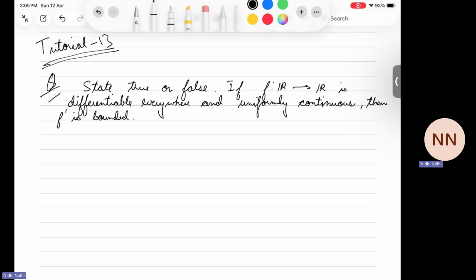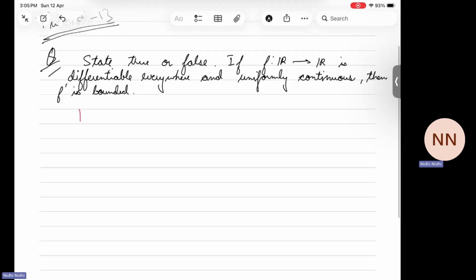So before discussing the solution for this problem, I would like you to recall we actually did a result related to the uniformly continuous functions. You can go back to the problems related to uniformly continuous functions.